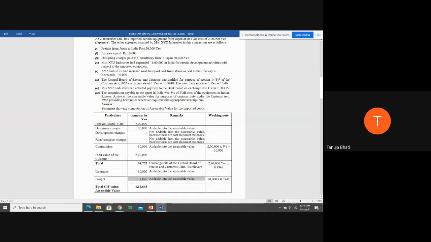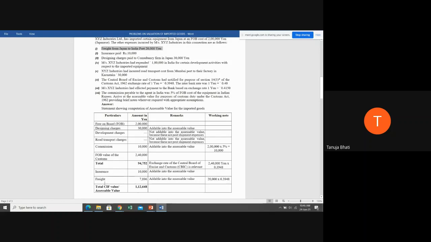Then the assessable value you get will automatically be in rupees. No conversion is required. So insurance is directly given here, 10,000 rupees. Next, freight. Freight from Japan to India port is 20,000 yen.